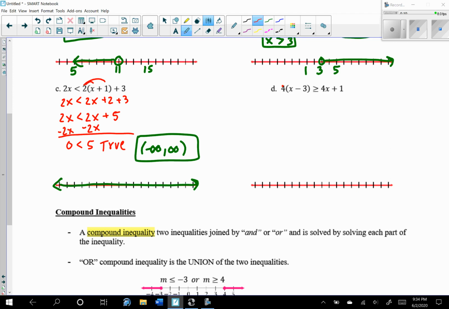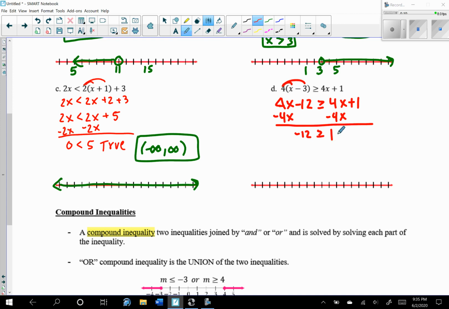Over here for the next one, we're going to distribute. And then we want to get our x's and our numbers together on one side of the inequality equation. So I'm going to go ahead and subtract the 4x. And I get negative 12 is greater than or equal to 1.